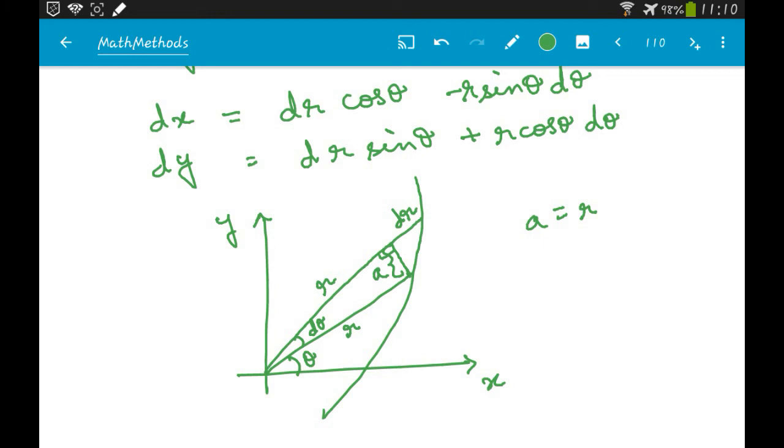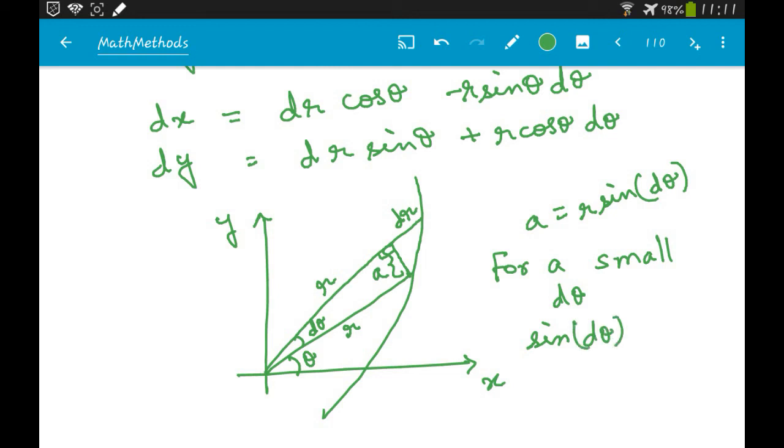So this a is going to be r sin d theta, because of the change in angle. For a small d theta, sin d theta is nothing but d theta itself. For a small angle, sin theta becomes theta itself. So we can write a is equal to r d theta.